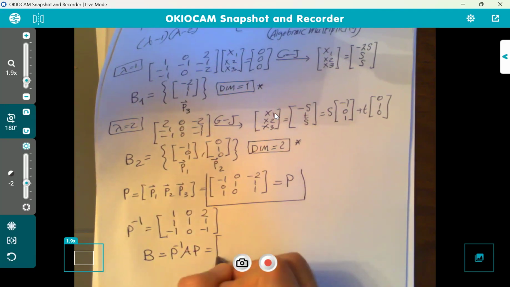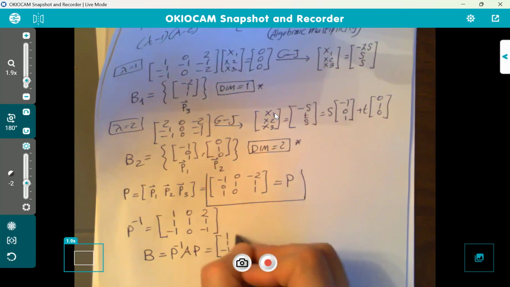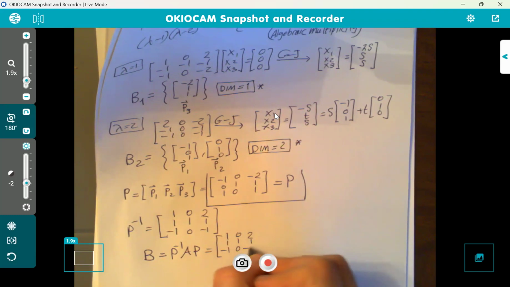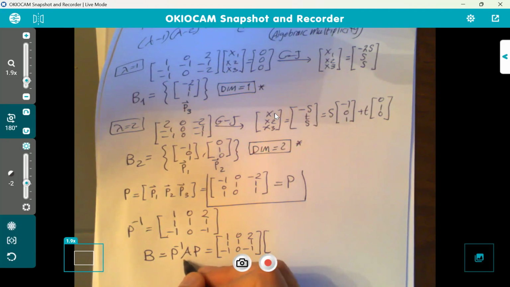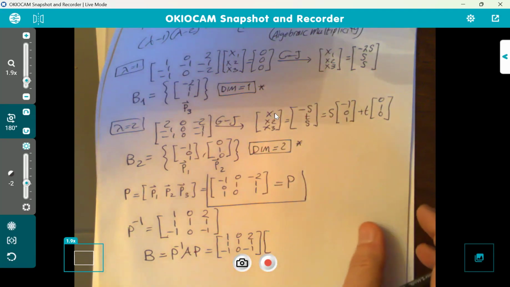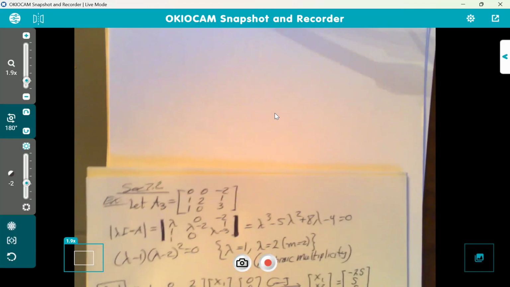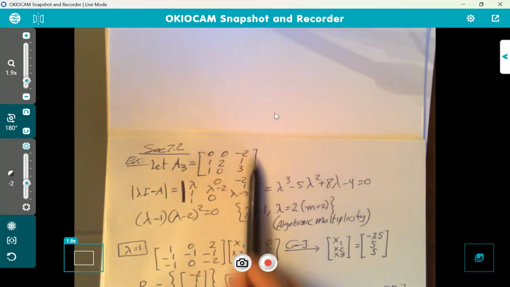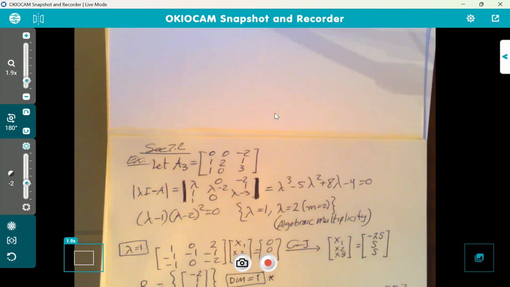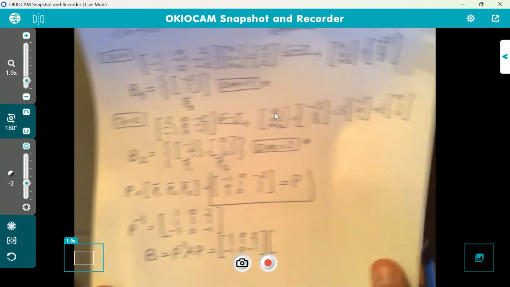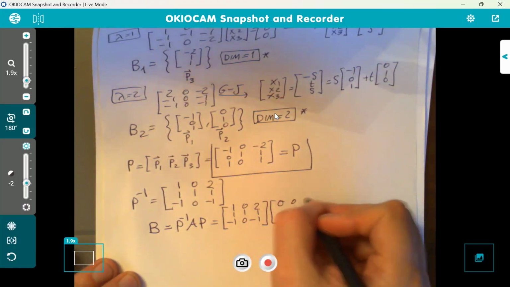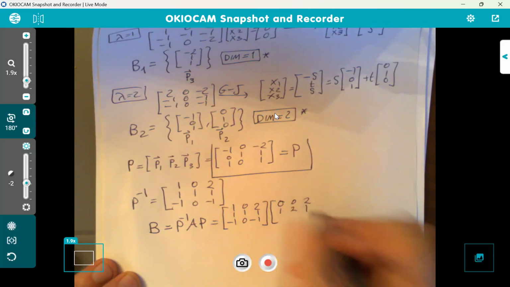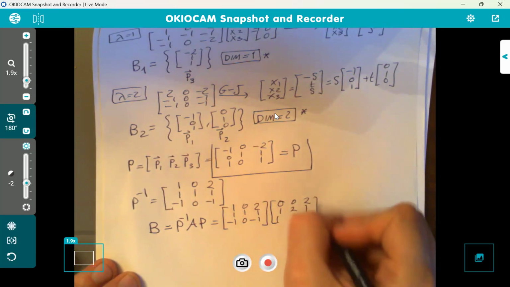So P inverse is this matrix, 1, 1, -1, 0, 1, 0, 2, 1, -1, times matrix A, the original matrix. Matrix A, I'll show you, is the matrix we started with. That's going to be 0, 0, 2, 1, 2, 1, and 1, 0, 3.